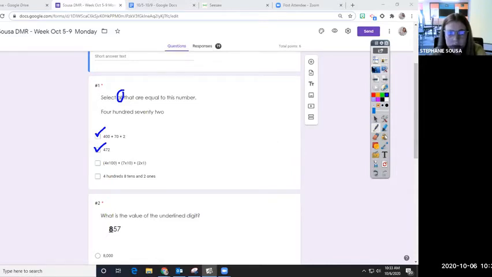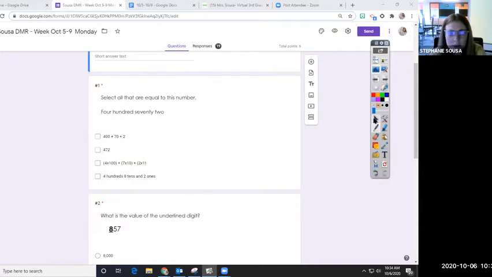This next one is where we have 400s, so it's like telling you about the blocks. We would have 400s, we would have 7 10s, we would have 2 1s. 472, so that one is also correct. The last one was not correct because this has 8 10s, and we know that 70 only has 7 10s, so that one is not correct, okay? So 472, these are the 3 answers that you should have had.